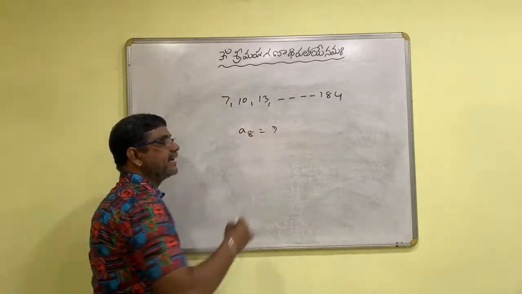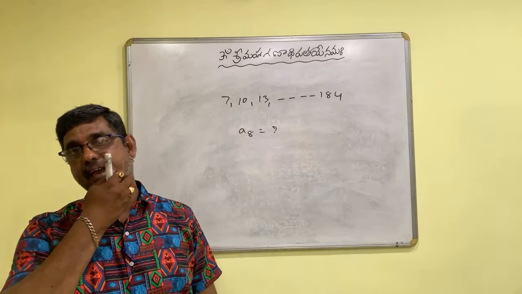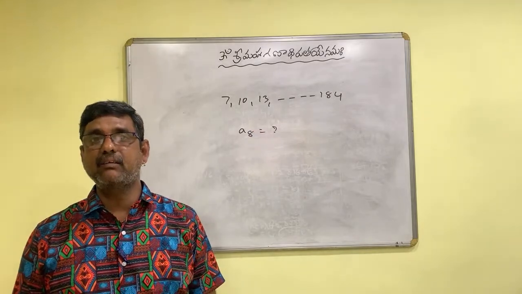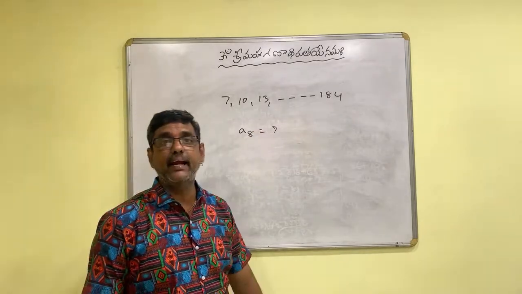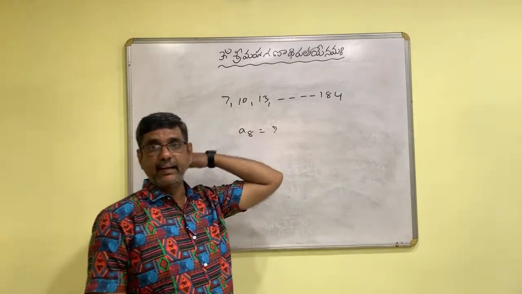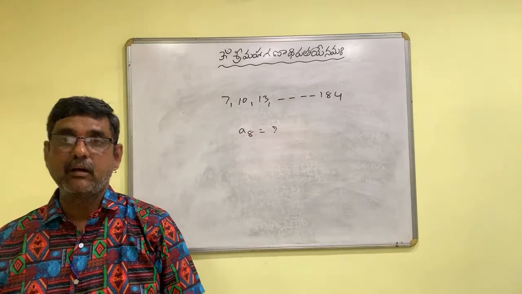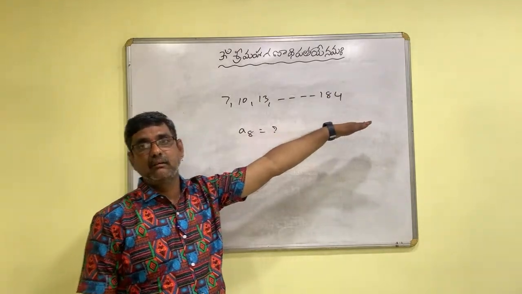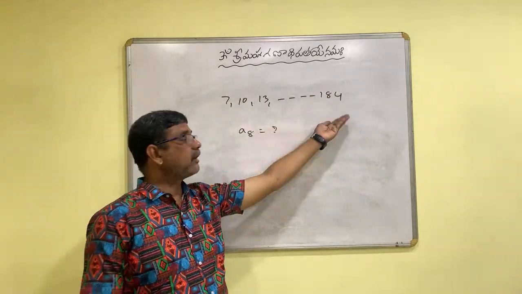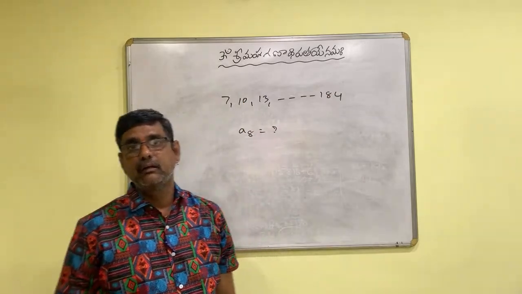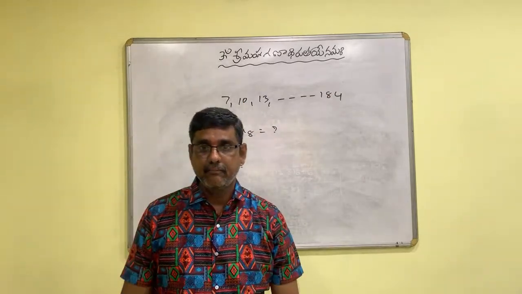We need to find out the 8th term. But here there is a twist. The twist is that we need to find out the 8th term from the end, not from the beginning. Remember that well. From the end we need to find out. Okay? Are you ready?